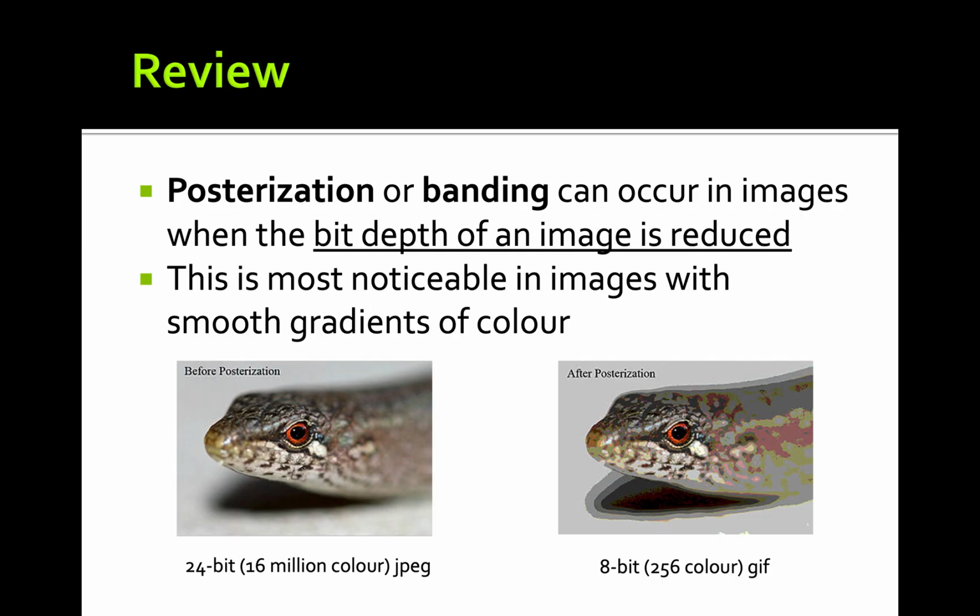If you remember correctly, it has been more than 4 weeks that we have been out of touch. Posterization or banding can occur in images when the bit depth of an image is reduced, and you know what bit depth is.